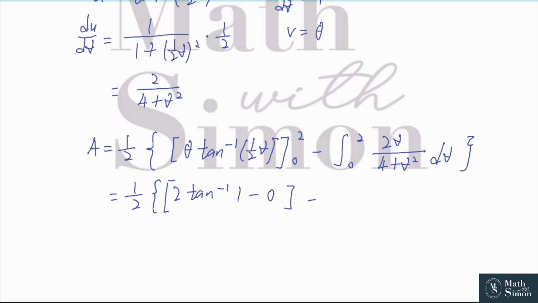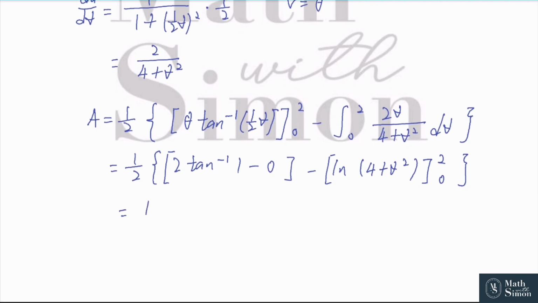So this is the f prime x over f x form, exactly this form. Because we differentiate the 4 plus theta squared, that will give us a 2 theta there. So when we integrate this one, we know that we're getting a ln of the 4 plus theta squared. But remember we have to evaluate it at 2 and 0. So for this, we have got 2 arctangent of 1.